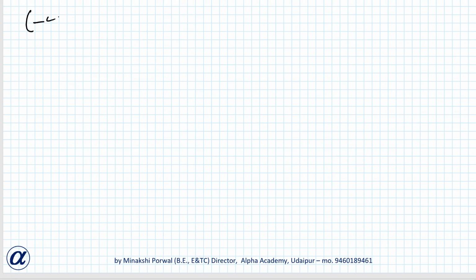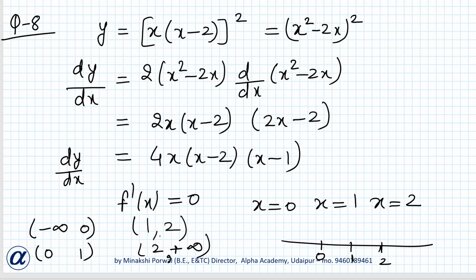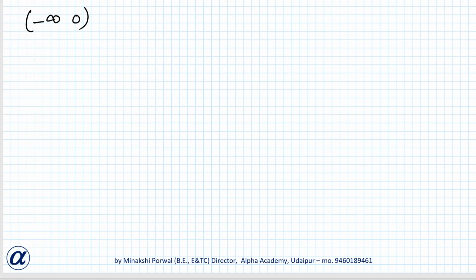Now we will find in which interval it will be increasing and in which it will be decreasing. Minus infinity to 0. So when we put any value from minus infinity to 0, suppose minus 1 I am substituting. So here 4 will be negative, x minus 2 will be negative and x minus 1 will be negative. So 3 negative signs, so f dash x will be less than 0 in this interval.